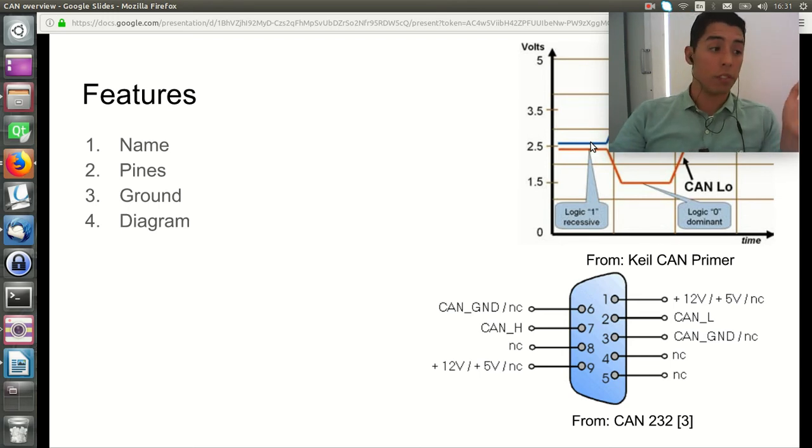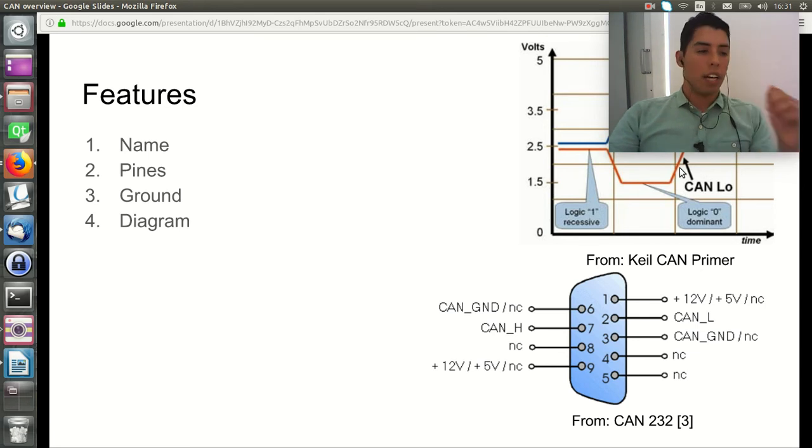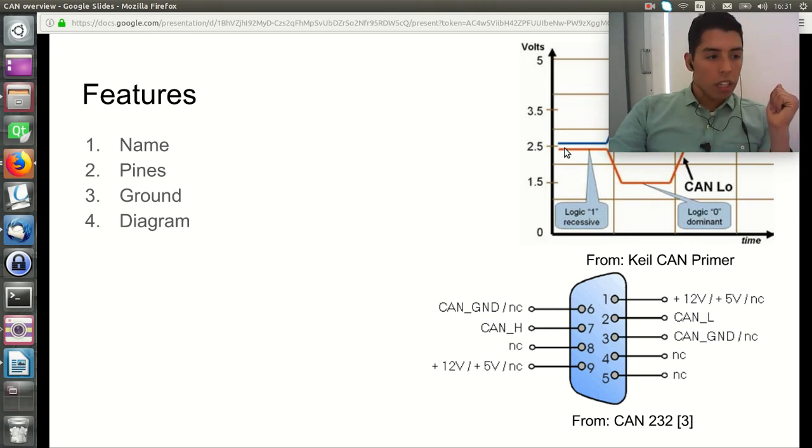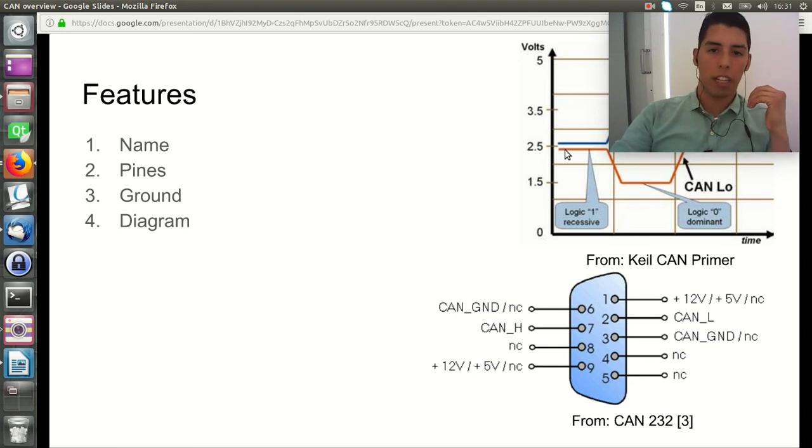This is called the recessive state or logic 1. When the signals are like a mirror and they have a difference in voltage, it is called the dominant state or logic 0. If we have 11 recessive bits, it means that we have an idle bus.